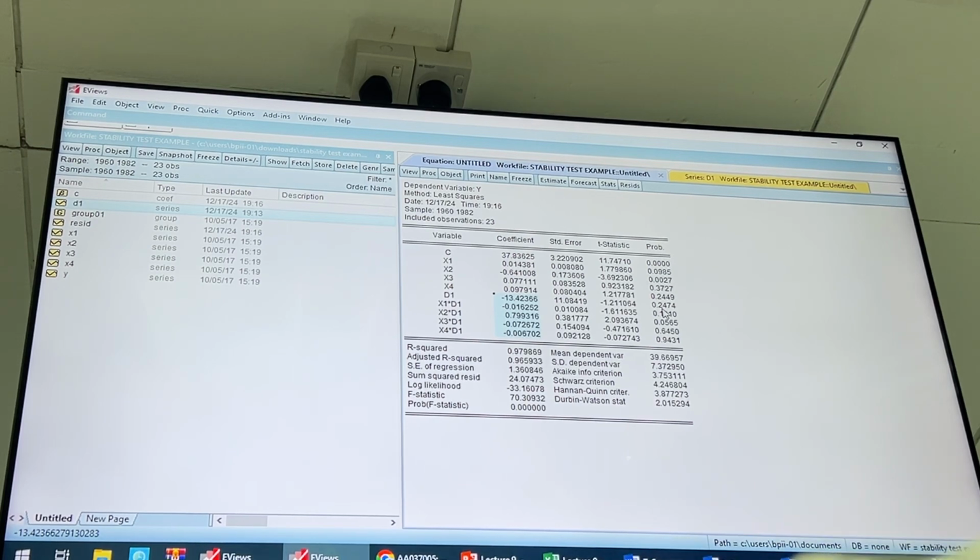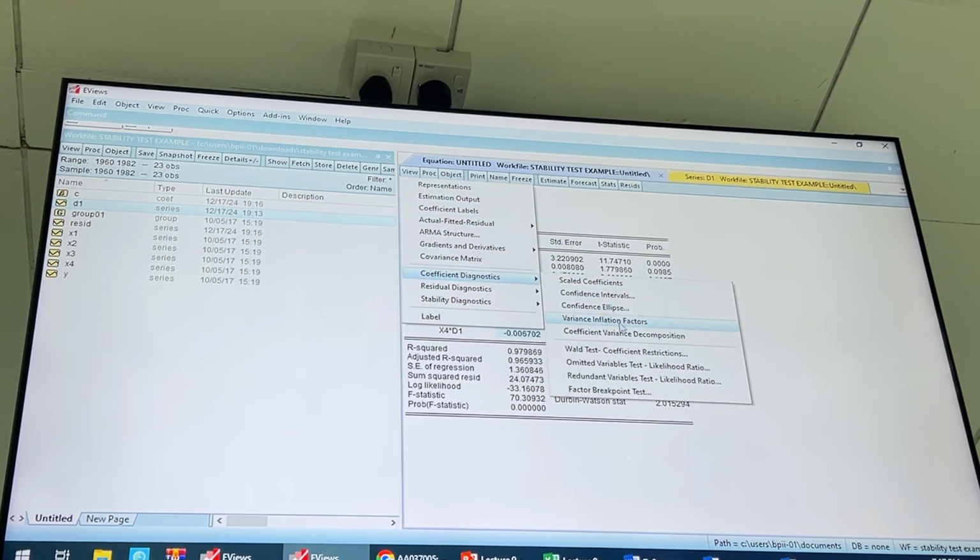So this one, coefficient numbers: 1, 2, 3, 4, 5, 6, 7, 8, 9, 10. So 6 to 10. So view, coefficient diagnostics, Wald test.